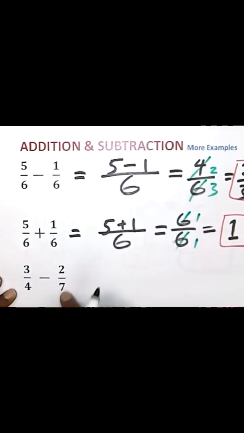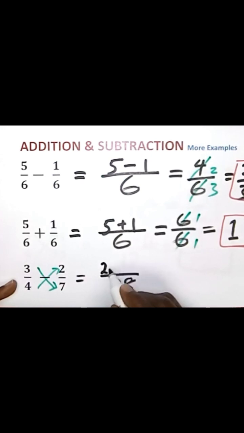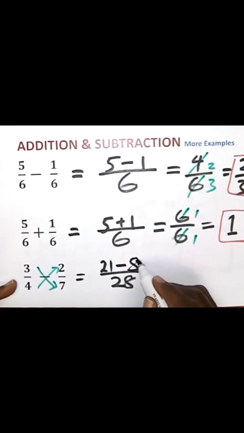So we multiply the denominators, and that gives us 28. 4 times 7 is 28. After that, we will cross multiply the original fractions. 3 times 7 is 21, and there's a minus sign in between. 4 times 2 is 8.